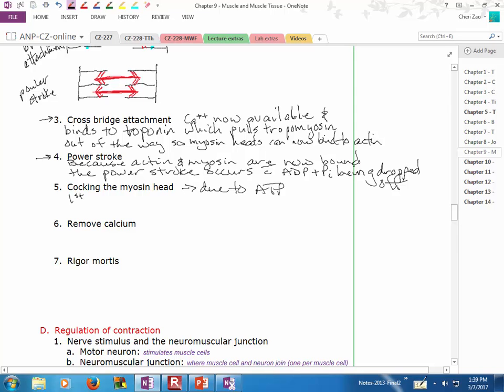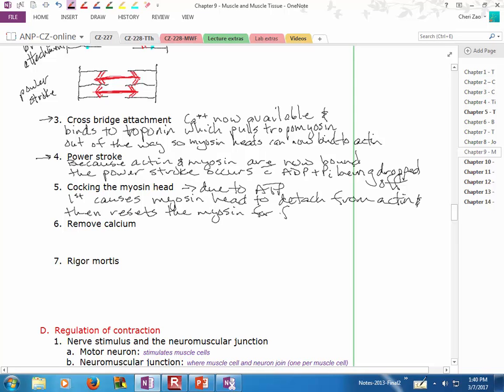First ATP causes the myosin head to detach from the actin binding sites and then resets the myosin head for further interaction with actin. Because we just have to get back into the position to jump up and do it all over again, having that ratcheting aspect.